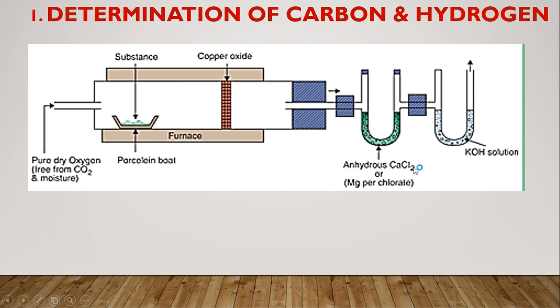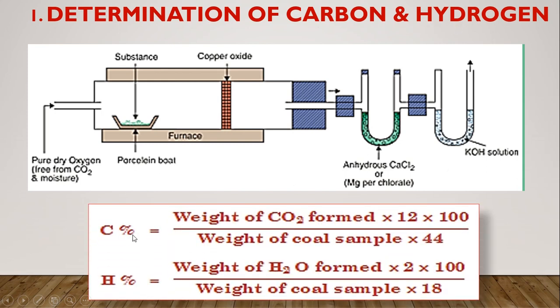Similarly, by capturing hydrogen in the form of H2O, the weight of anhydrous CaCl2 increases. The increase in weight of these two tubes gives the percentage of carbon and hydrogen. How to calculate that? Percentage of carbon is equal to the weight of CO2 formed, which is the increase in weight of the KOH tube, into 12 into 100 upon the weight of coal sample taken into 44.